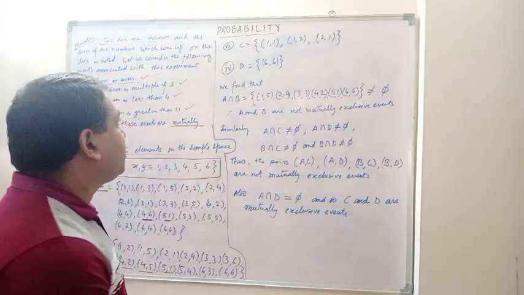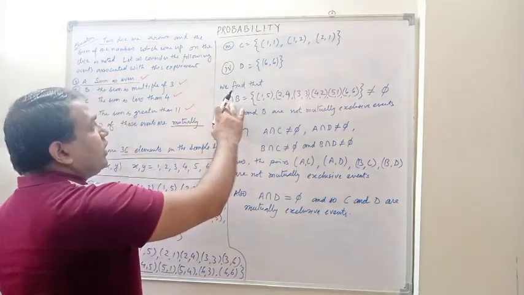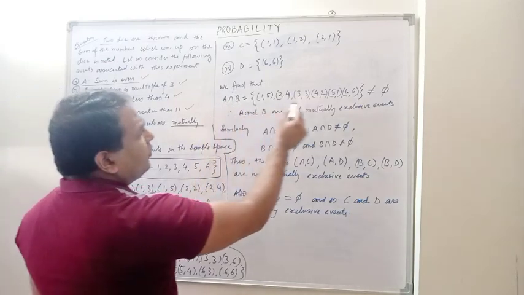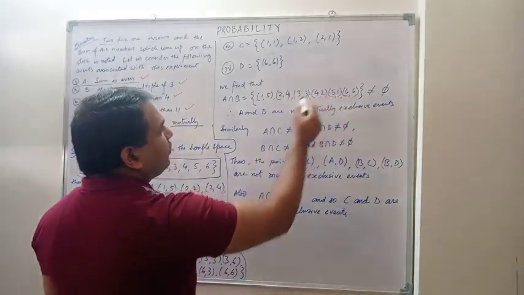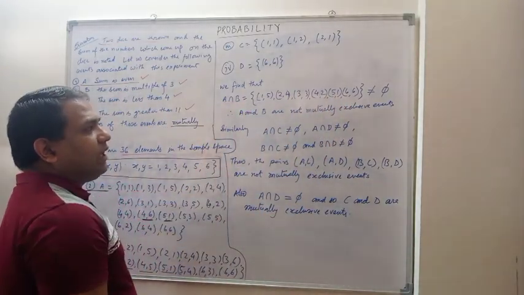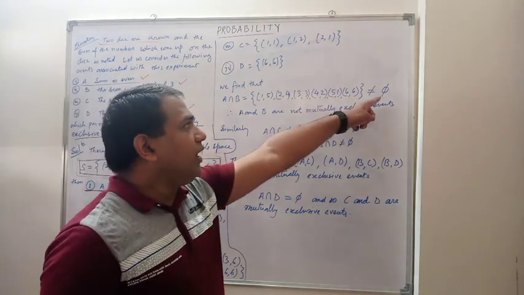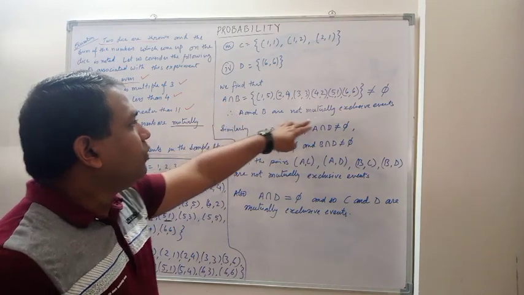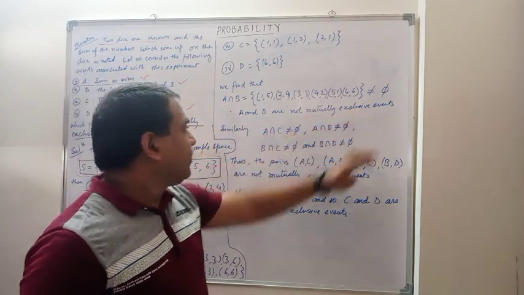One by one we will find A intersection B. We have found that so many events are present in A and B at the same time, so it is not equal to the null set. Therefore, these two events A and B are not mutually exclusive events.